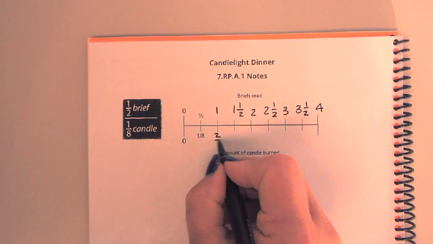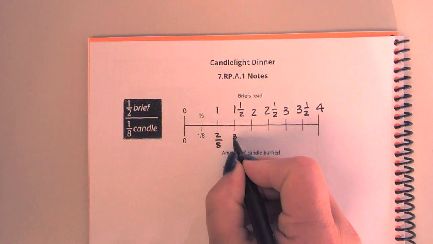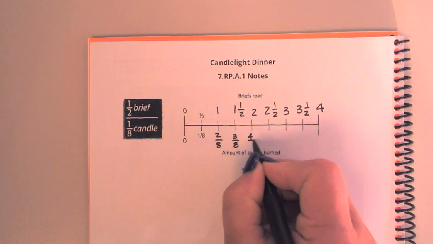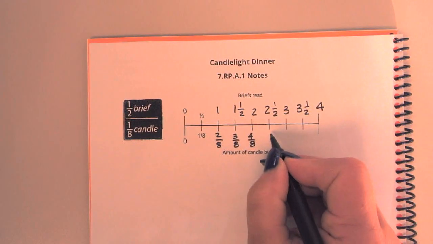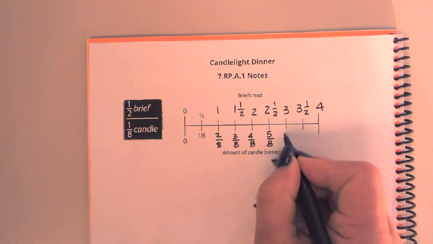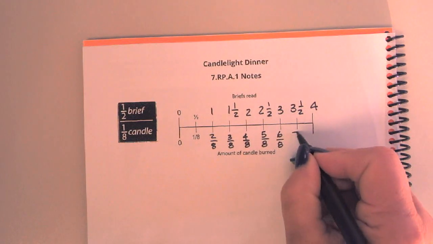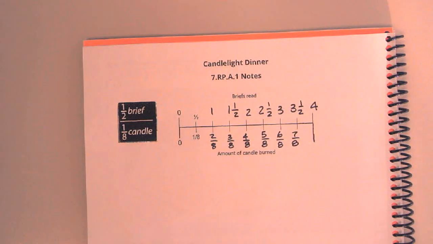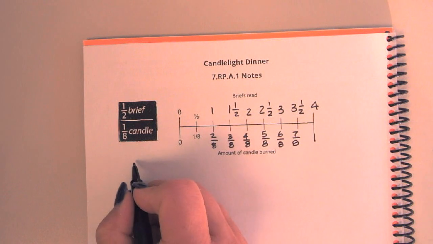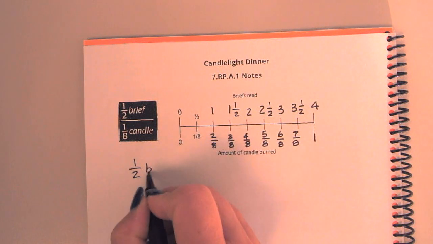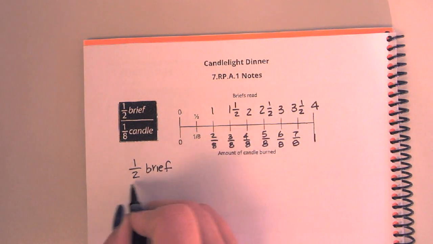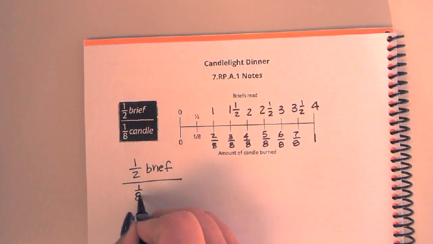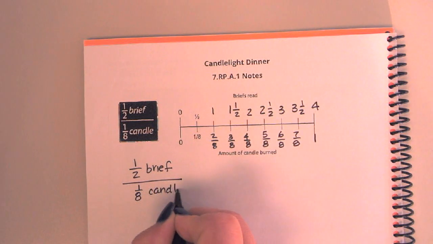So there's 1/8, 2/8, 3/8, 4/8, which is the same as a half, 5/8, 6/8, 7/8, and 1, because that's 8/8. So on here we said that there was a half of a brief per 1/8 of a candle.